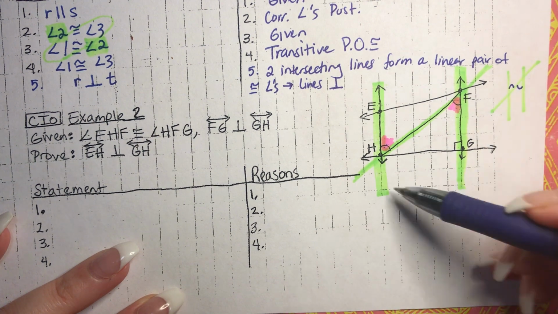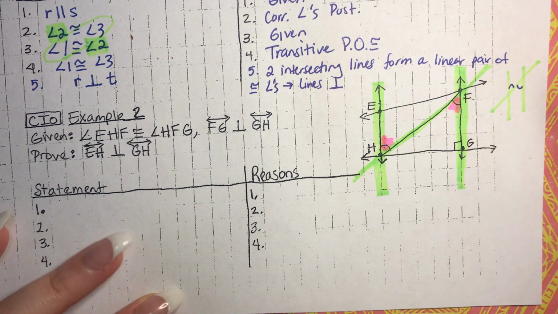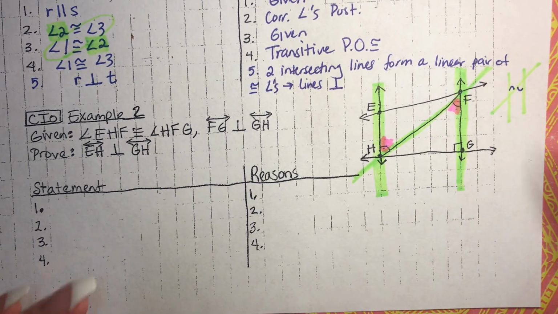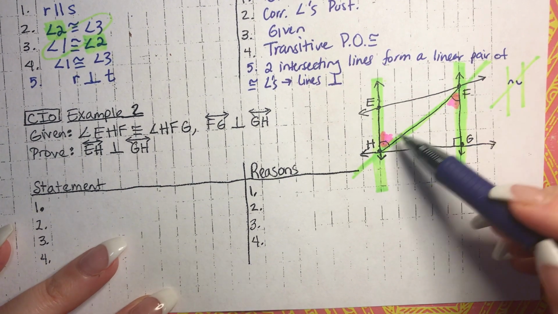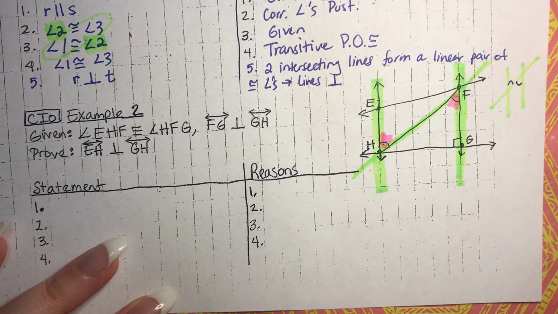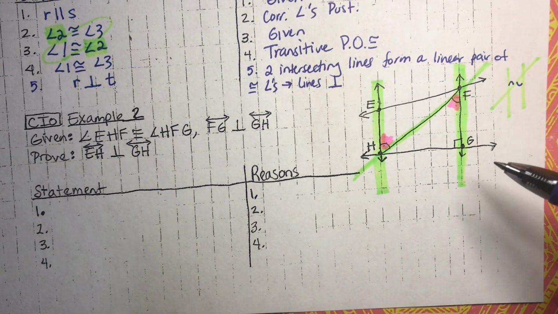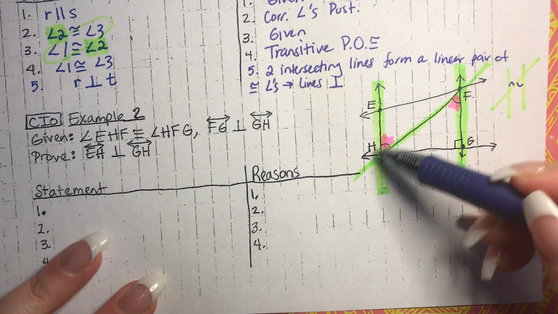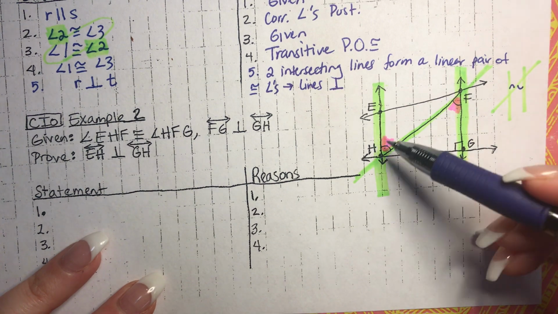If this is our transversal and we have two lines, these are alternate interior angles, right? And they're saying that they're congruent. So what do we know? We have two alternate interior angles that are congruent. Therefore, by the converse of the alternate interior angles theorem, we can state that these two lines are parallel to each other. All right, and that's kind of huge, okay?